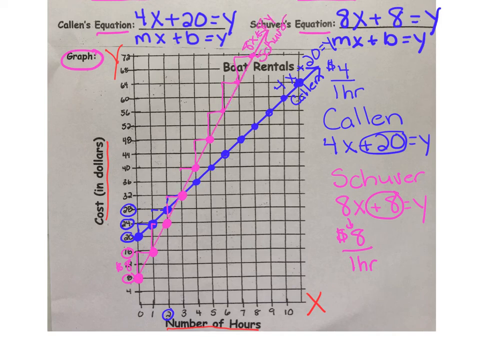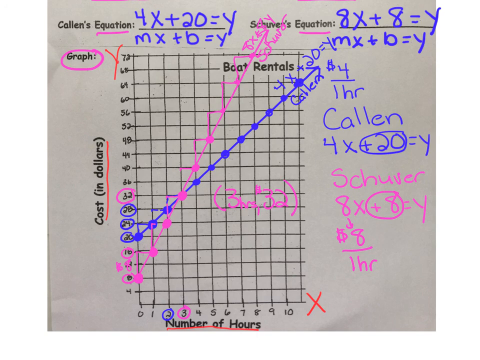As you can see, there is one point shared by both marinas. For 3 hours, both marinas would charge you $32. That point of intersection is shared, and it is the one common point that we have for both lines.